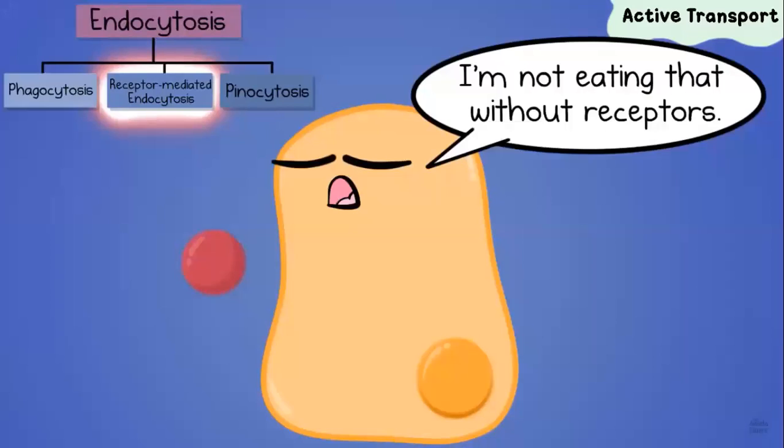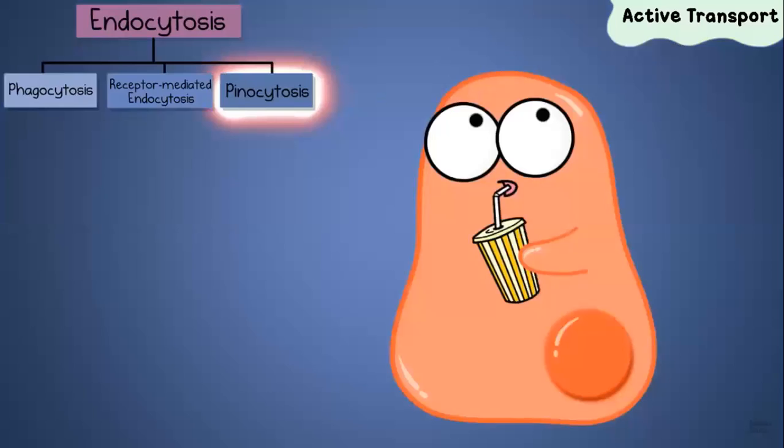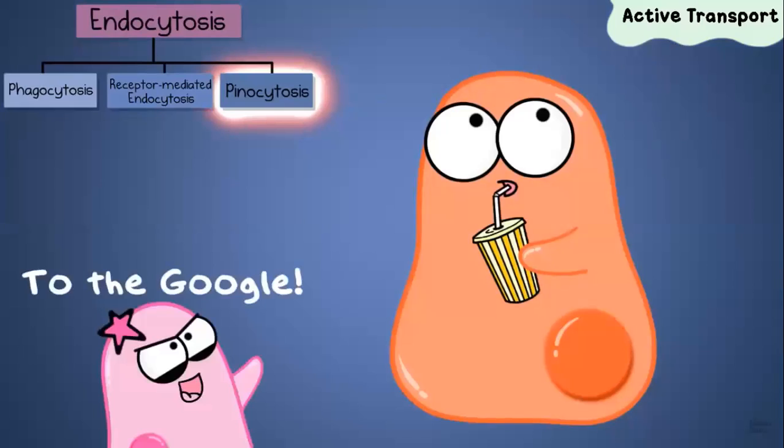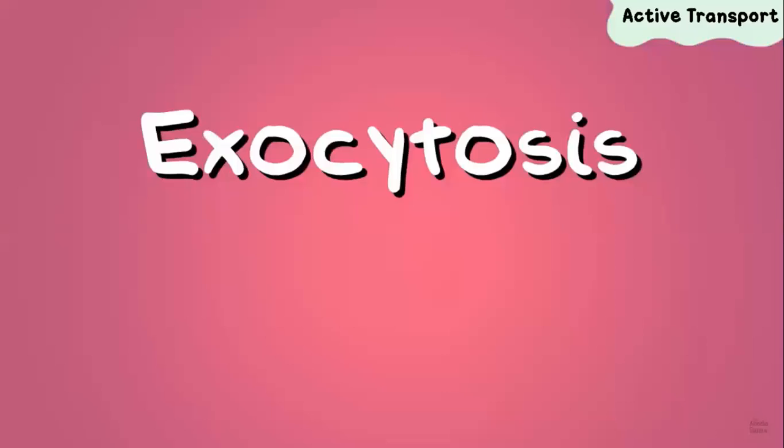This is where cells can be very, very, very picky on what's coming in because the incoming substances actually have to bind to receptors to even get in. Or pinocytosis, this allows cells to take in fluids. So go to Google to find out more details of the different types of endocytosis.